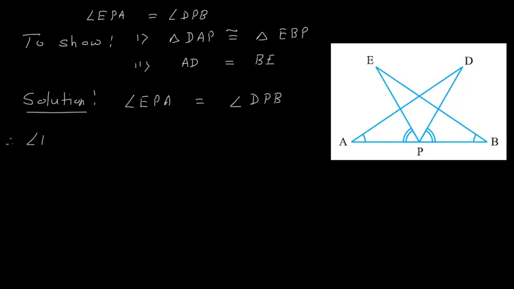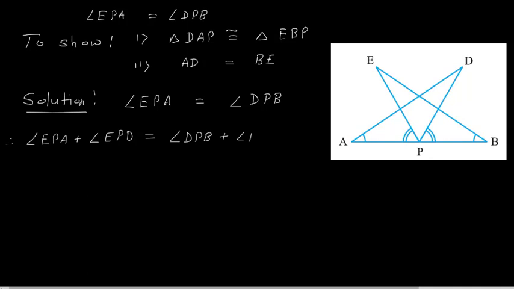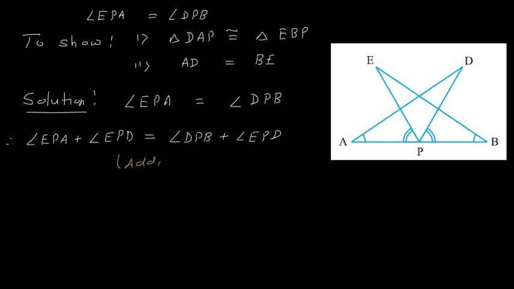angle EPA plus angle EPD is equal to angle DPB plus angle EPD. Okay, you can write here in brackets: adding angle EPD on both sides.